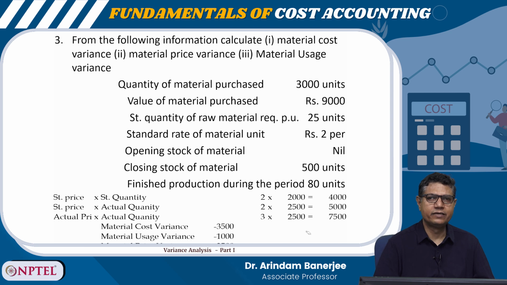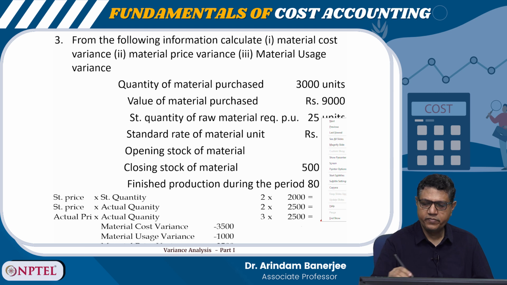So I can calculate like this: standard price into standard quantity is 2 into 2000, that is 4000, and standard price into actual quantity is 5000, and actual price into actual quantity is 7500.